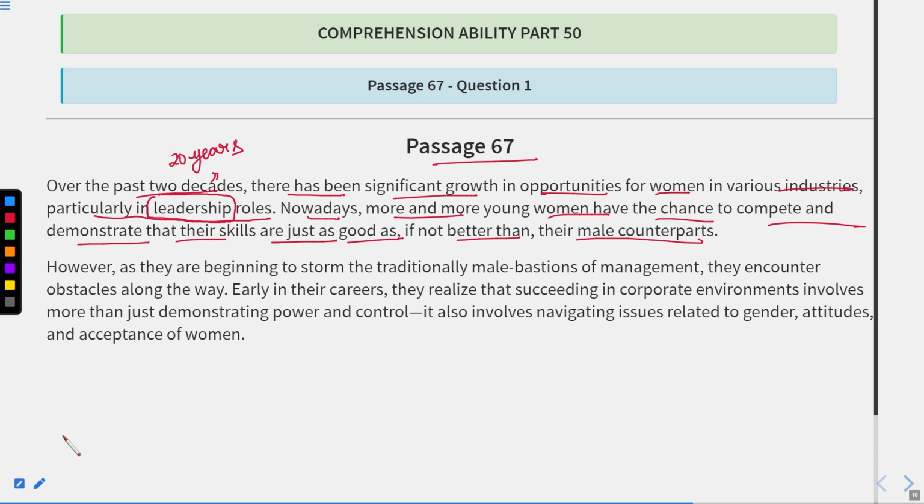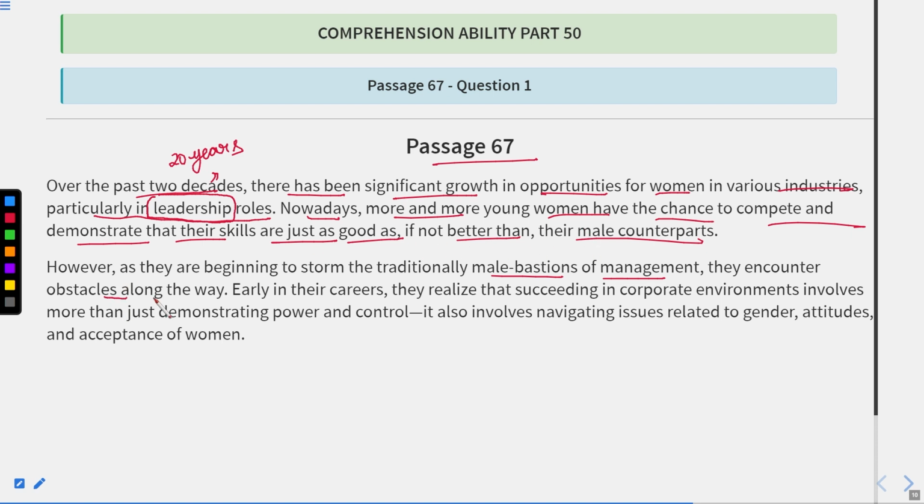However, as they are beginning to storm the traditionally male bastions of management, male bastions meaning that traditionally it was known that only men can manage well, they are storming this traditional approach, proving it wrong.